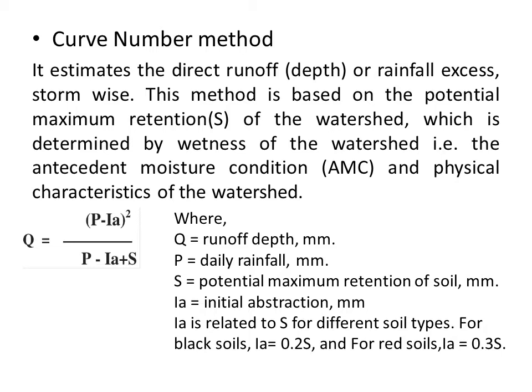That means the losses or the infiltration. IA is related to S for different soil types. So the initial abstraction depends on the soil types. For black soils, IA equal to 0.2 S, and for red soils, IA equal to 0.3 S.